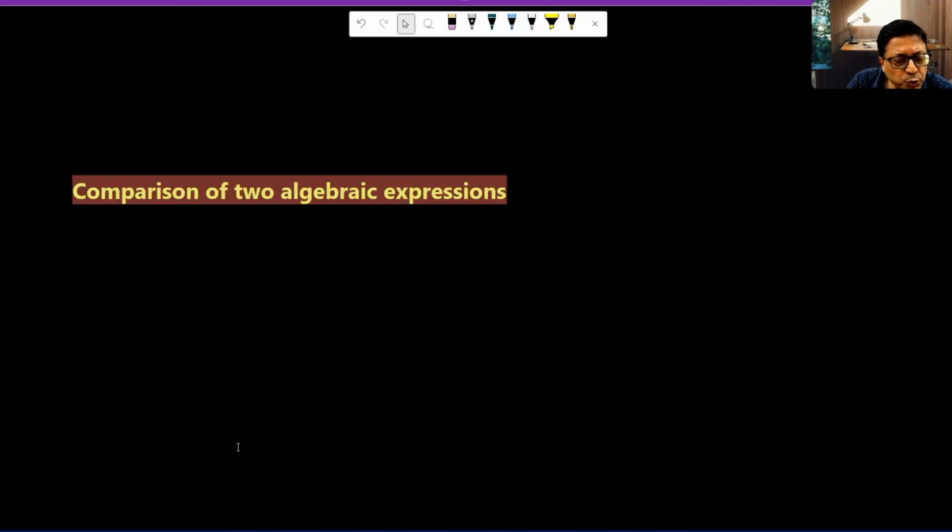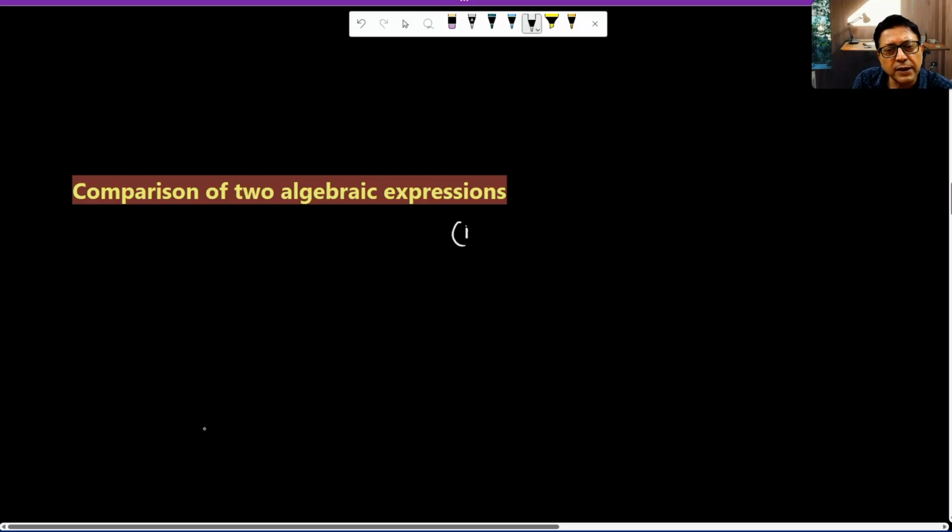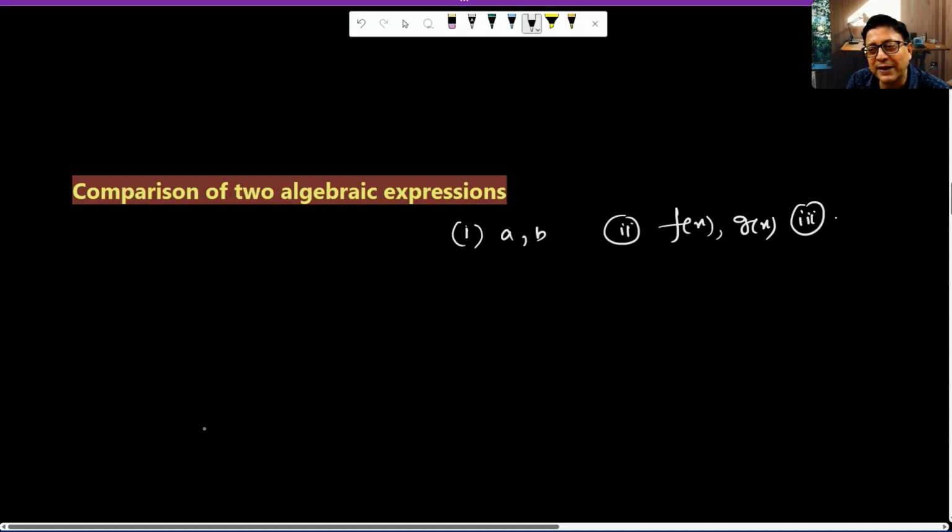Suppose two quantities I am taking in this manner, A, B. Two quantities in the form of functions f(x), g(x). Two quantities, I mean one expression u1(x) and another expression u2(x).